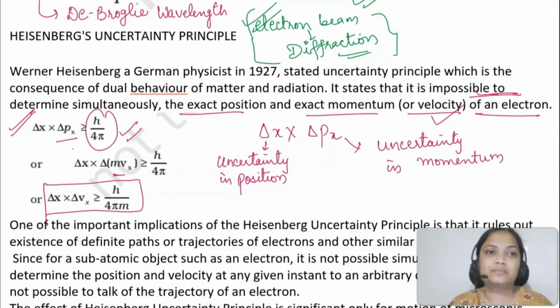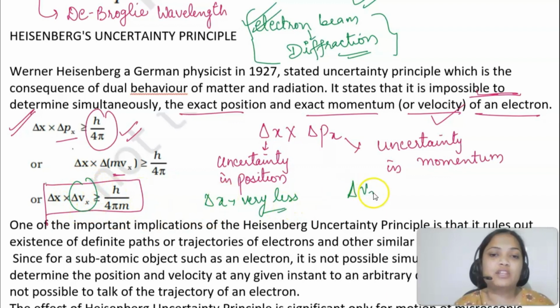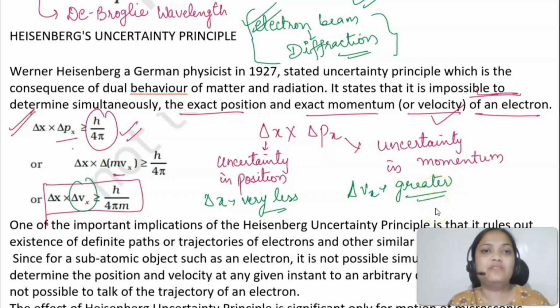It means that if we measure the position of the electron with utmost accuracy, meaning the uncertainty in position is very small, then delta x is very small, so the value of delta vx would be greater, meaning the uncertainty in velocity would be very high, and vice versa.